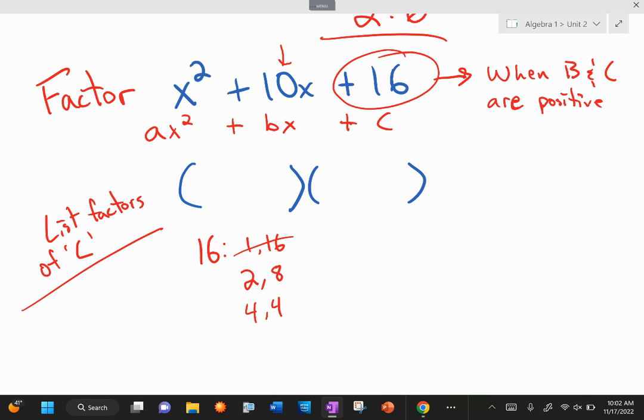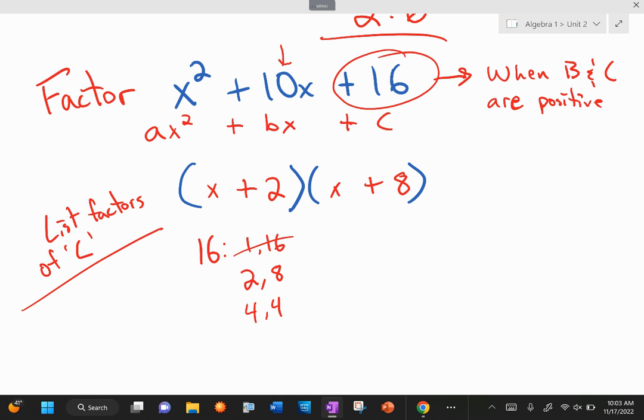I'm going to go down the list. What about 2 and 8? Is there a way that I could combine those to equal 10? Yes. Do they both need to be positive, or does one need to be positive and one negative? Both positive. So plus 2 and plus 8 will go in the back end of those parentheses. Now what's going to go in the first spot?